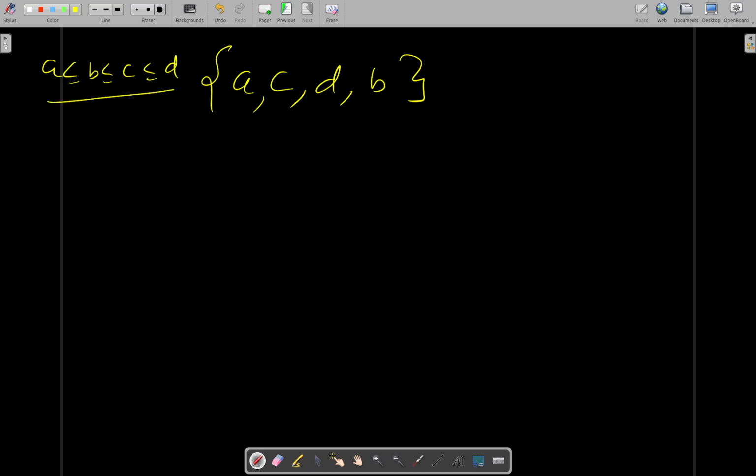So if the ordering is like this and your nums array is given to be this, then after sorting it will be a, b, c and d.